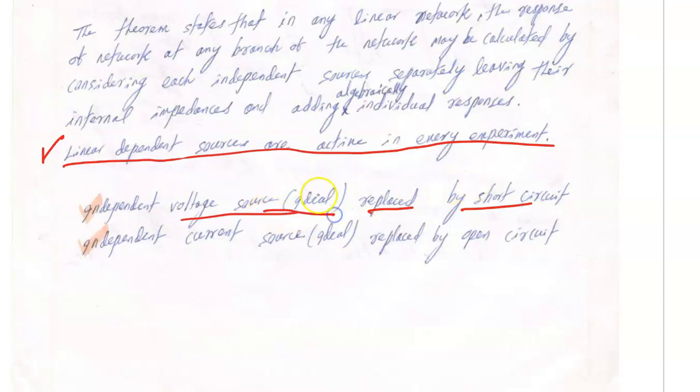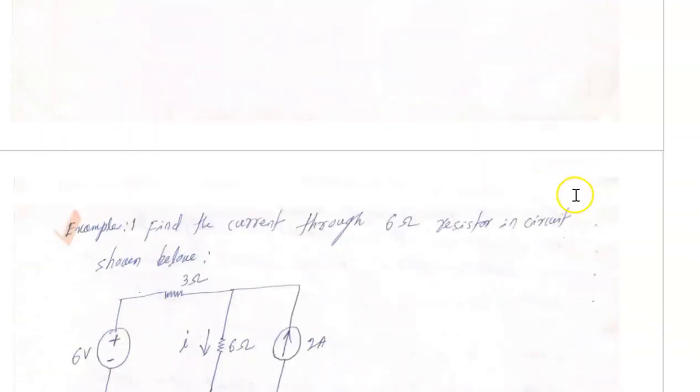The independent ideal voltage source should be replaced by short circuit because its internal impedance is 0. Similarly, independent ideal current source is replaced by open circuit.